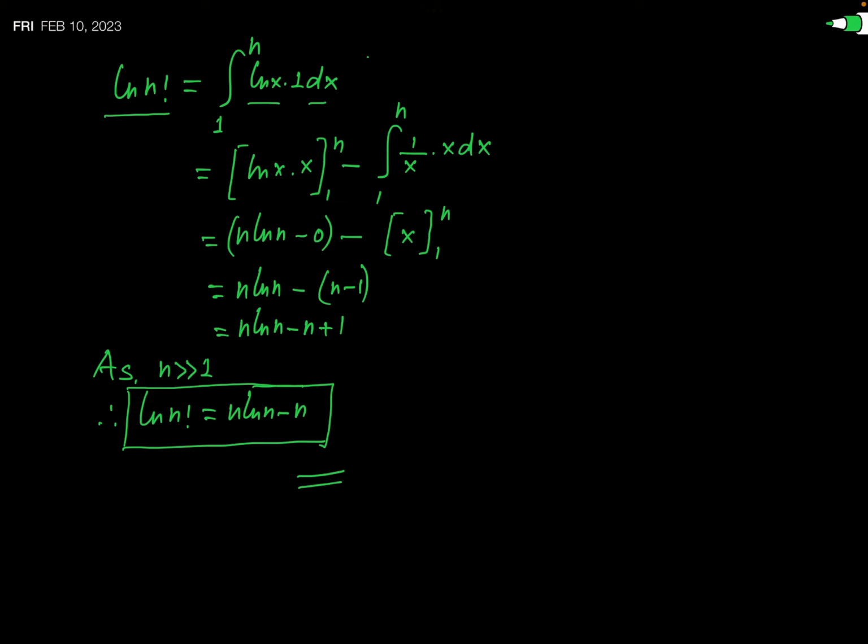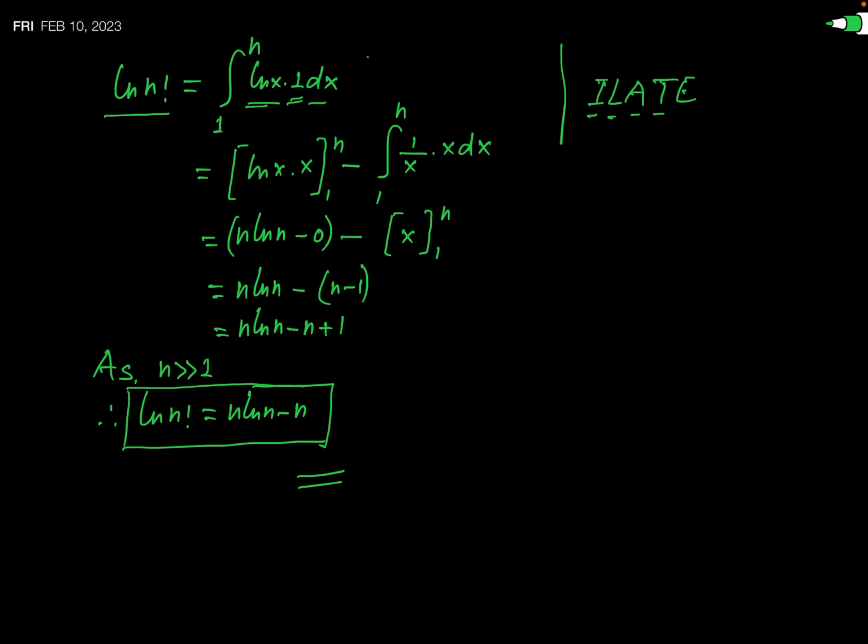So here there are two factors. First one is log x and the other is 1. Now as you have to follow the rules of integration by parts, you must remember the technique of ILATE. In this word ILATE, the letter which comes earlier is taken as the first function. So I stands for inverse, L for logarithm, A for algebraic function, T for trigonometric function, and E for exponential.